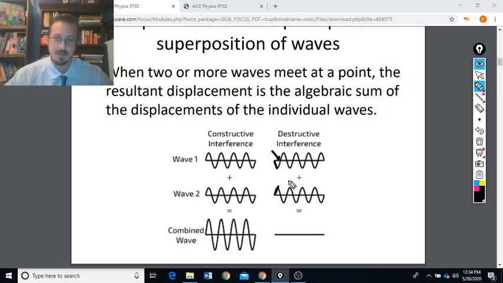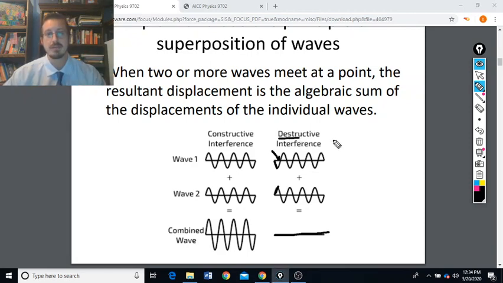So the path difference between those waves is half a wavelength. That will always lead to destructive interference, when the path difference is half a wavelength, or when the phase difference is 180 degrees, because we're adding up a trough with a crest, and that adds up to 0. So at each point along the resultant, those waves wipe each other out. They cancel out. Therefore, they're destroying each other, and that's destructive interference.